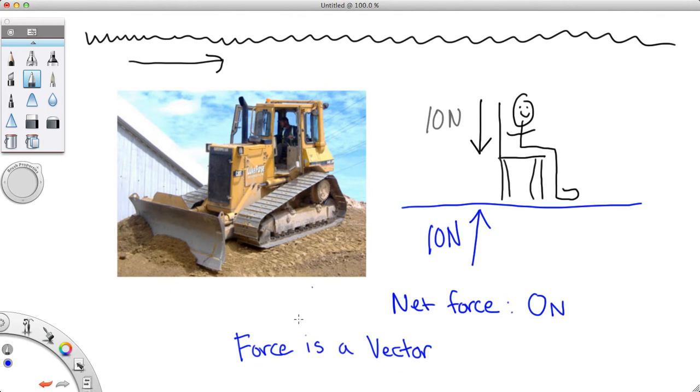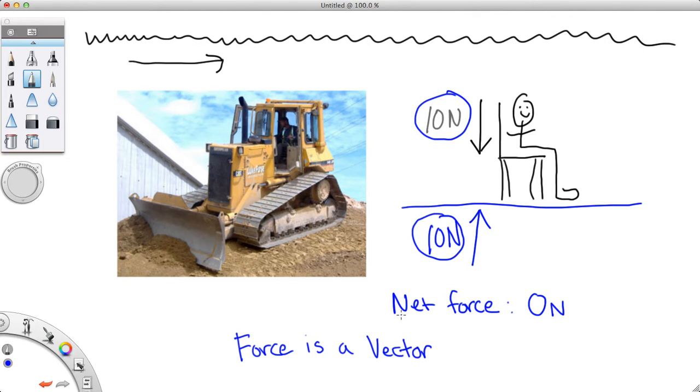Force has a size. For example, this is 10 newtons, that's the size, and the direction is downwards. This is 10 newtons, which is the size or the magnitude. Magnitude and size are the same thing. 10 newtons is the size, magnitude, and upwards is the direction. So force is a vector, it has size and direction.